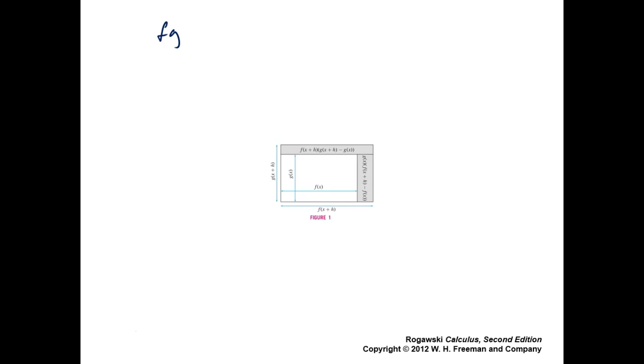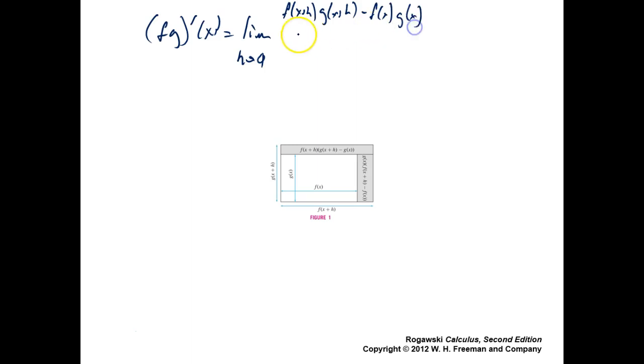Now, the derivative of that would then be the limit as h approaches 0 of, now how does this go? f of x plus h times g of x plus h minus f of x times g of x, all over h, right?